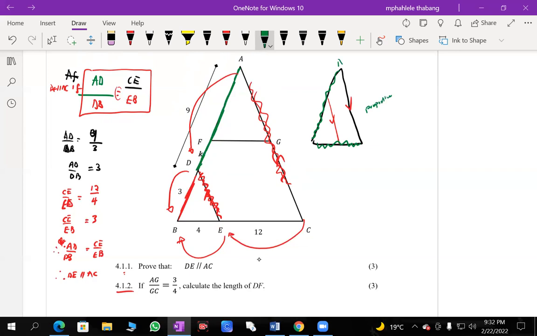If A, B, C, and this is D and this is E, you have a right to say AB over BC equals DE over EC.